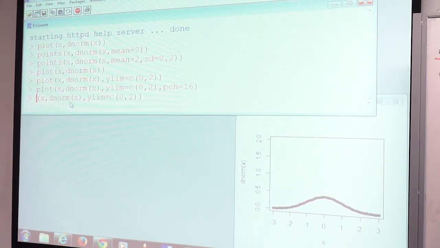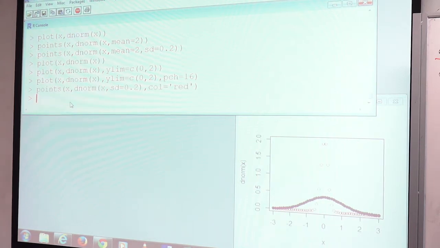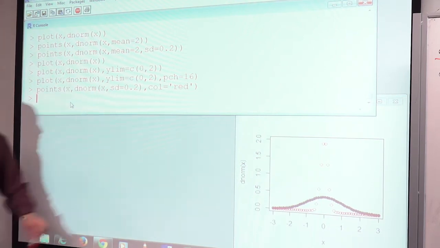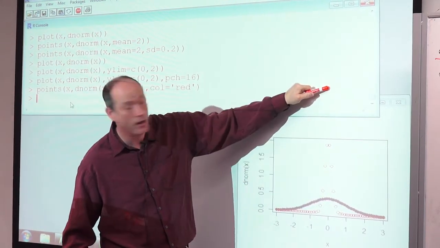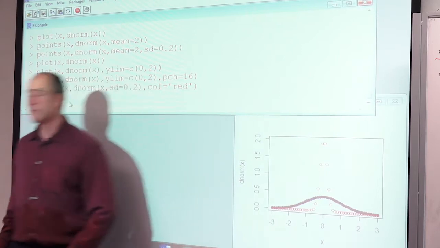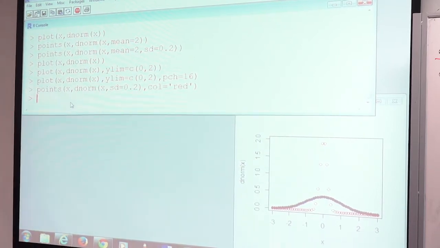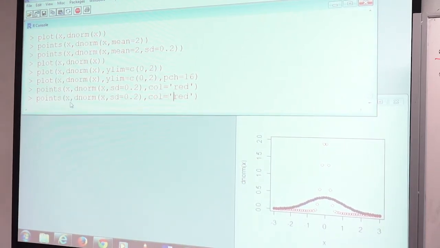So instead of plot, I'm going to go points. Still not big enough, is it? Because I've squeezed it right in, it's poked its nose. There might even be another point even higher up there, which has gone off the top of the screen. Even so, you're getting the idea.